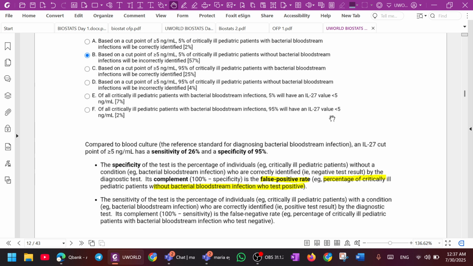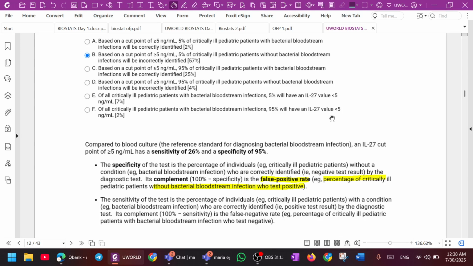That is false positive. And you already calculated here that false positive is 5%, and they're telling you false positive is 5%. That's the true answer. I think I remember this question.